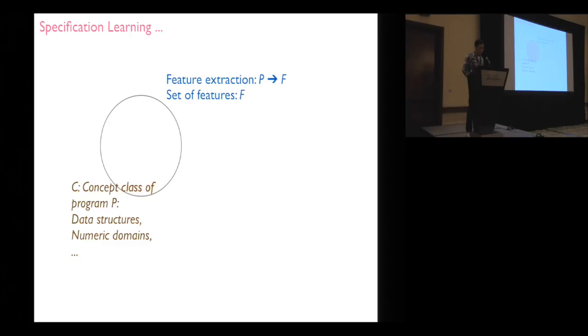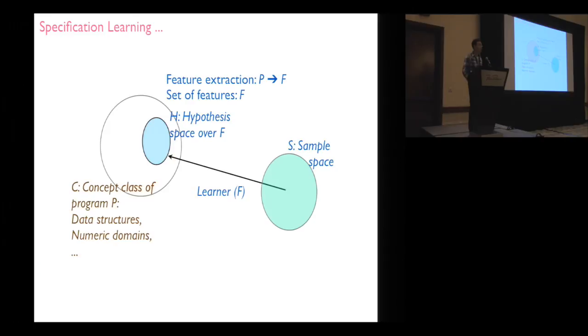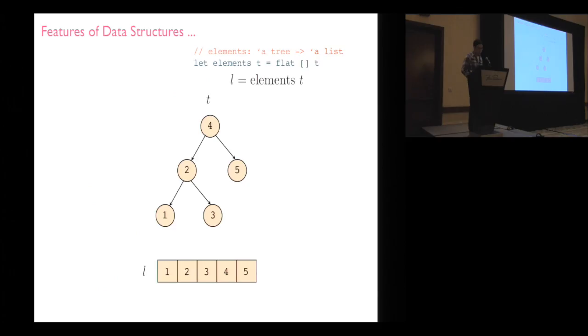The first step of our learning algorithm is to identify and extract features with the sample space available to it. For the element function, it takes an input.